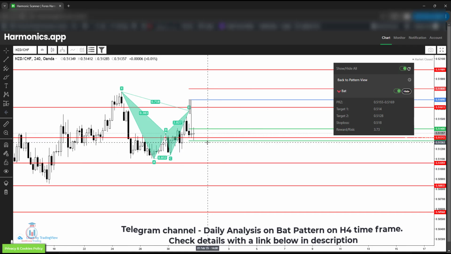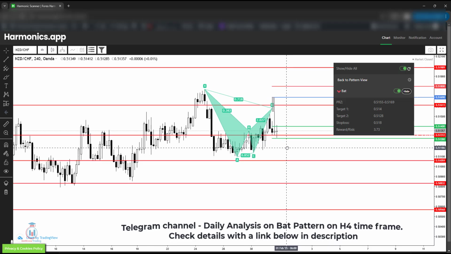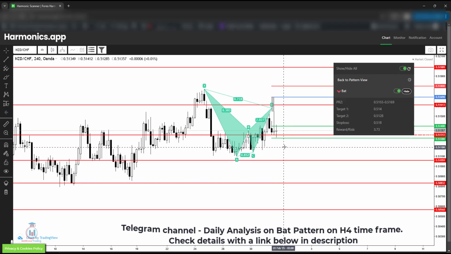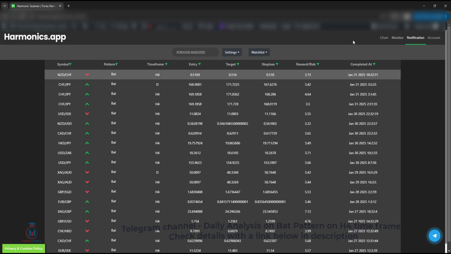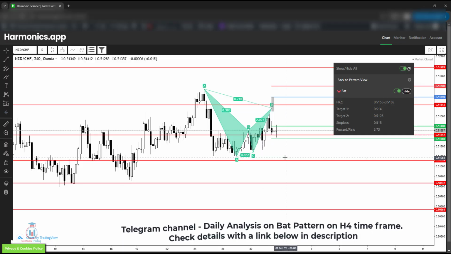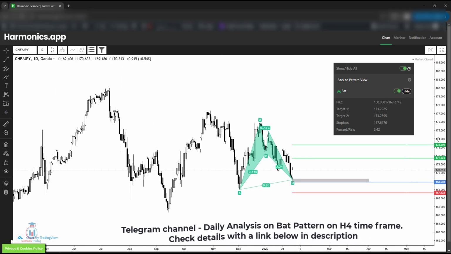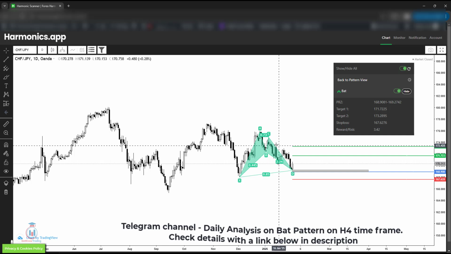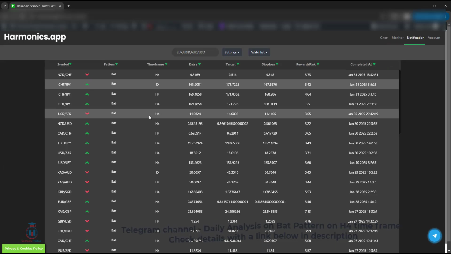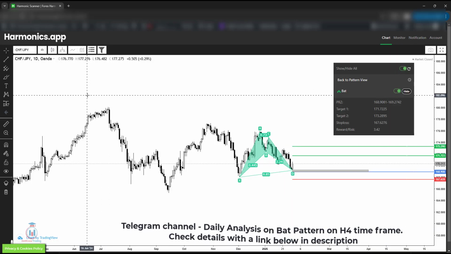So this week I do not have anything to show you about the patterns that have been shared inside the gold, because there were no more patterns detected on the scanner that are in line with the technical analysis I am making. So feel free to check the gold membership, where I'm also sharing the details of how I am making the analysis, adding more confirmations to these patterns that have been detected with the Harmonic SEP scanner.